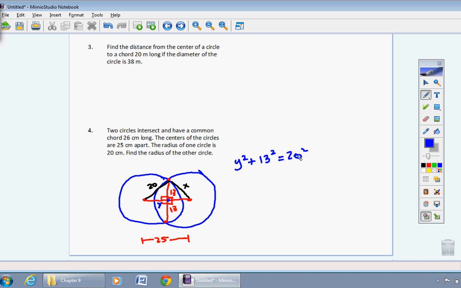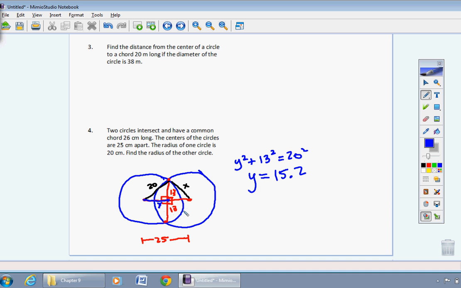And now, if I solve for y, I should get y is equal to about 15.2. So this distance right here, which I'm about to color in blue, is 15.2.